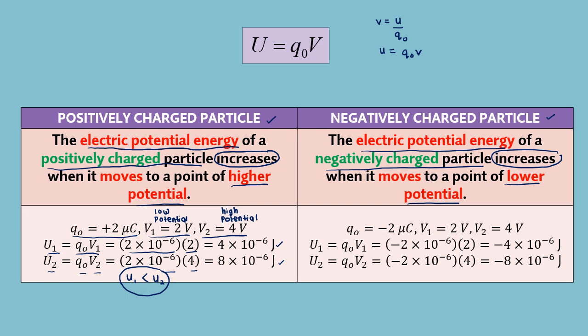Okay, while for the negatively charged particle, let's say we use Q naught is negative 2 microcoulomb. Okay, and then V1 is 2 volt, which is low potential. Okay, and then V2 is equal to 4 volt, which is high potential.